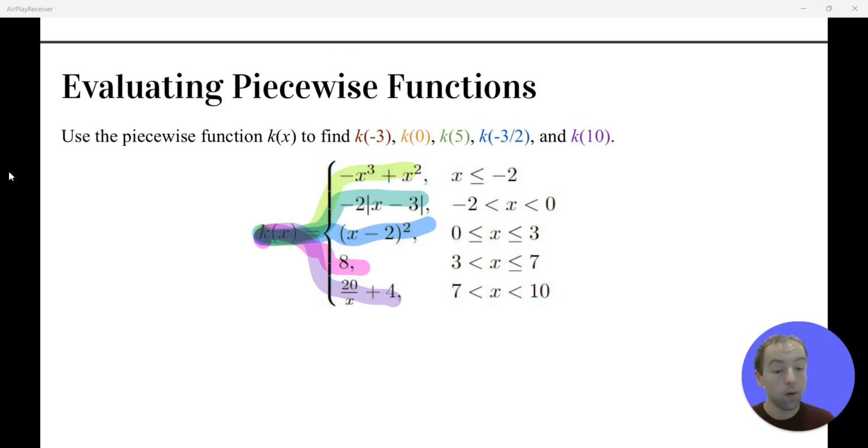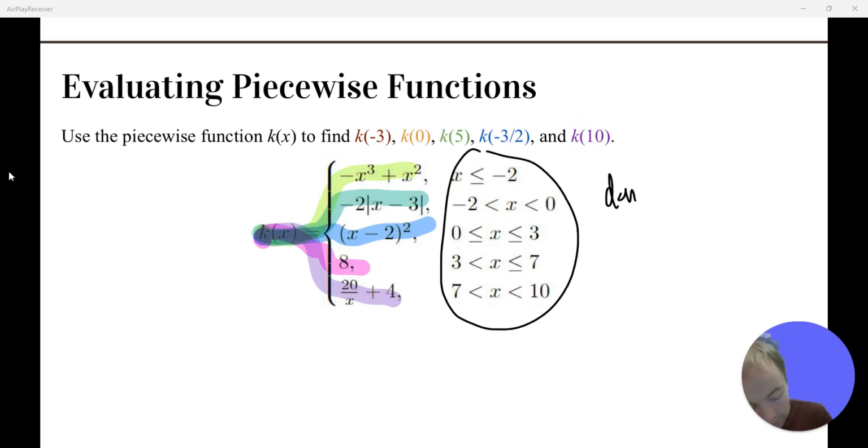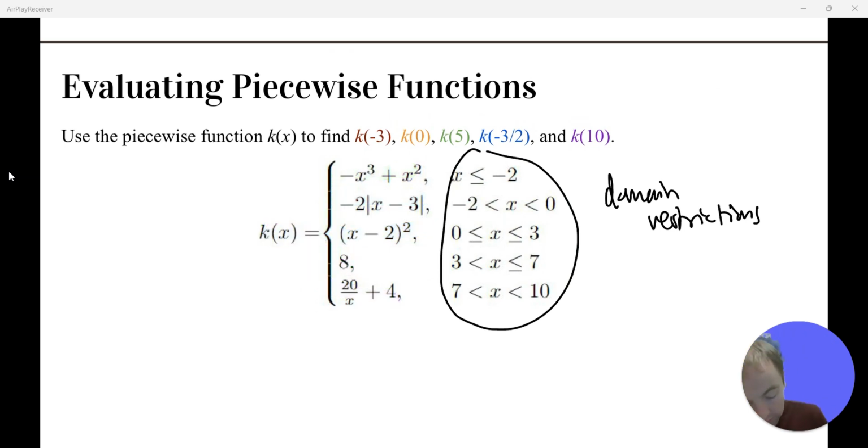It wouldn't be a function otherwise. So these right here are what we refer to as the domain restrictions, and they tell you which rule you should use just based on what x value you're using. So it's actually quite simple here, my friends. We'll go through all 5 examples, and that will help you see what's happening.